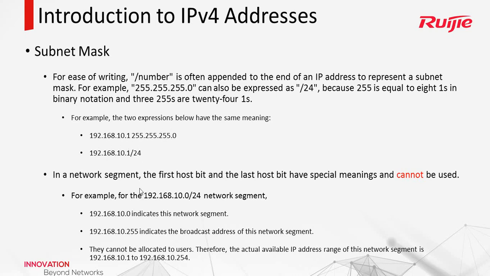So in a word, 192.168.10.0/24 indicates this network segment, and then .255, the last IP address, means the broadcast IP address.